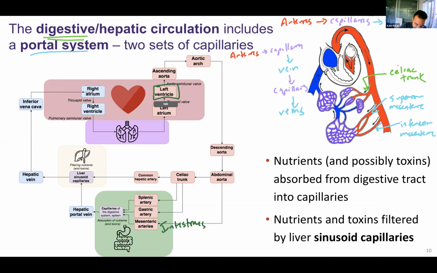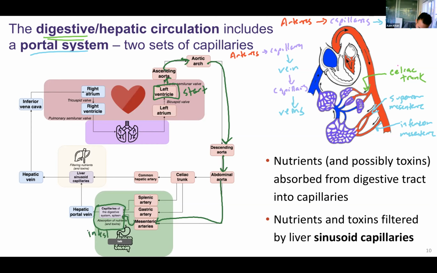Starting in the left ventricle to the ascending aorta, aortic arch, descending aorta, abdominal aorta. If we go to the intestines, we do that via the mesenteric arteries, and then we get to the capillaries of the digestive system, which include our target, the intestines.